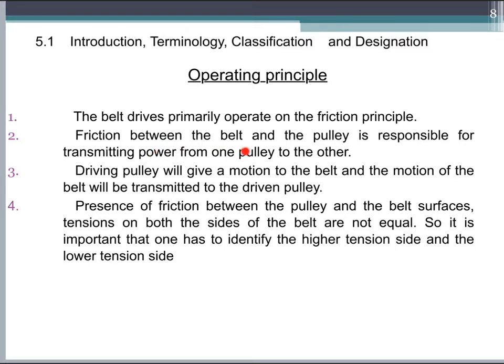In terms of pulley, there are two types. The first one is the driving pulley, and the second one is the driven pulley. The driving pulley gives motion or power to the belt, and the driven pulley is the pulley to which the belt transmits the power or motion.